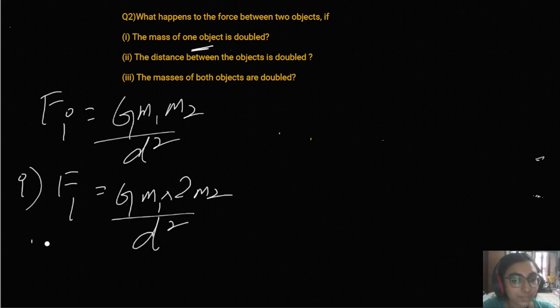So here again, dividing, we're dividing f1 by the initial one.